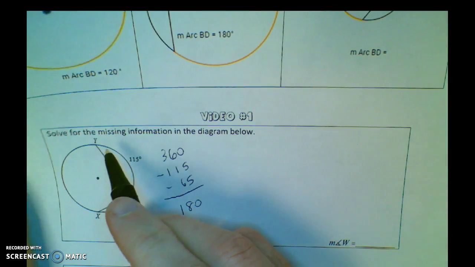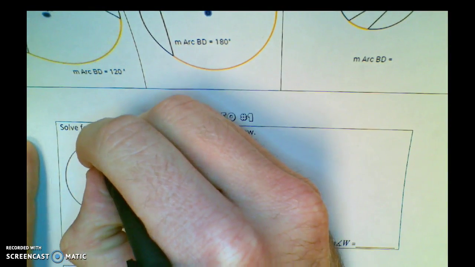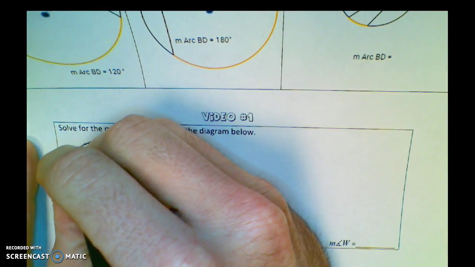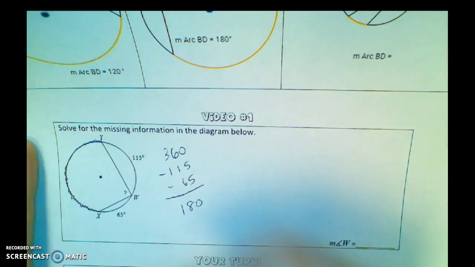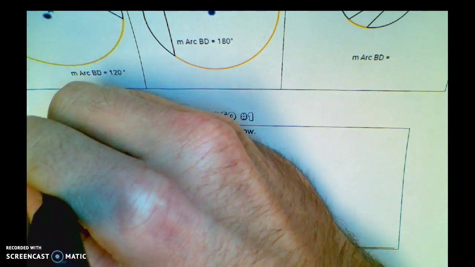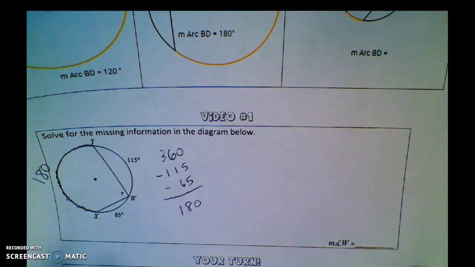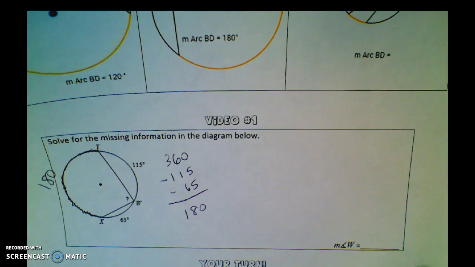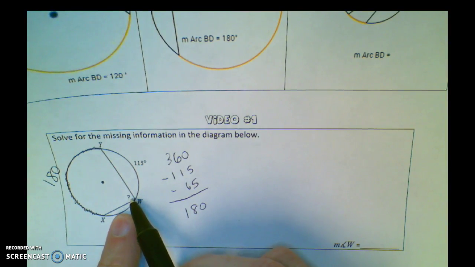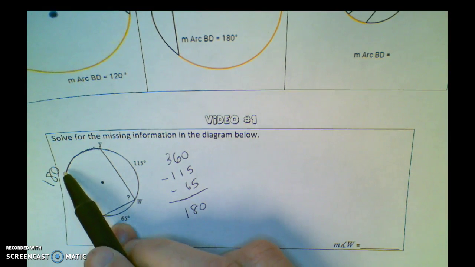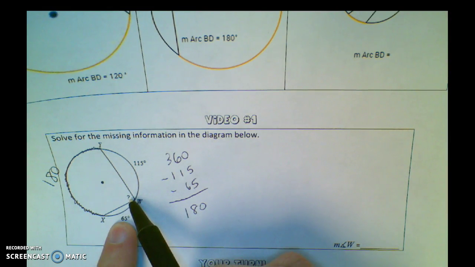So what that tells me is that the value of this arc from y to x, and we'll highlight it a little bit so I can see it, is 180. So with an inscribed angle, the arc measurement is 2 times the value of the inscribed angle.